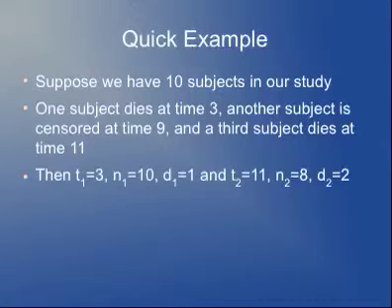And then when the second event occurred, there's only 8 people at risk at t2 equals 11, because one person's died and one person's dropped out of the study, and the second death occurred at time t2, so d2 equals 2 at that particular time point.